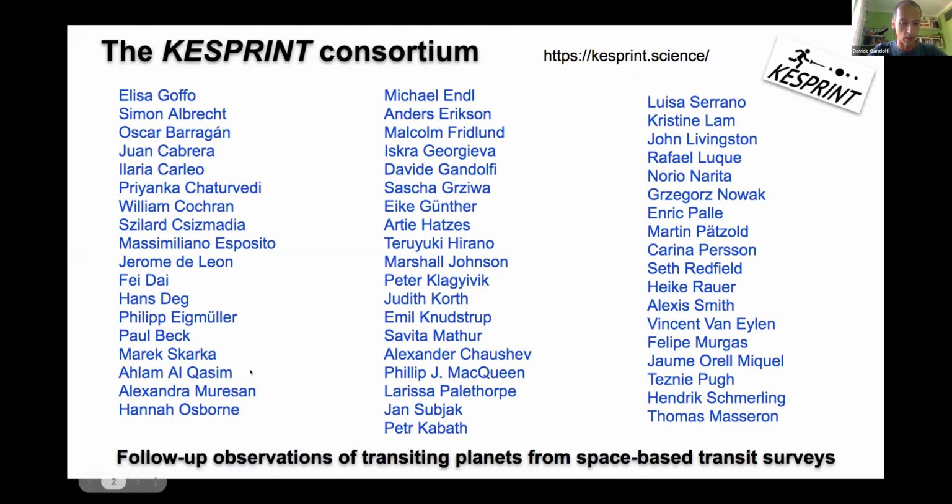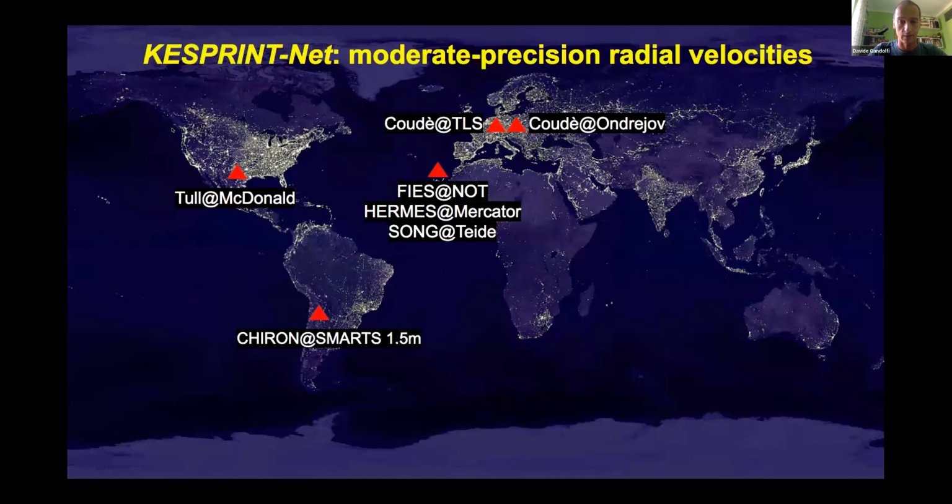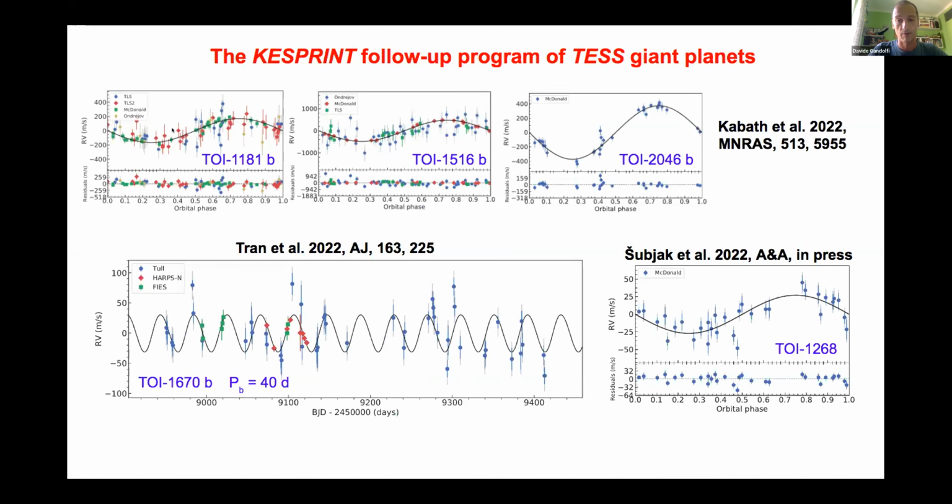And we do radial velocity follow-up of transiting planets. We use different facilities. We use moderate precision radial velocity facilities to follow up hot Jupiters, or to vet small planet candidates. I show you here a family portrait of systems that we published this year based on moderate precision radial velocity facilities.